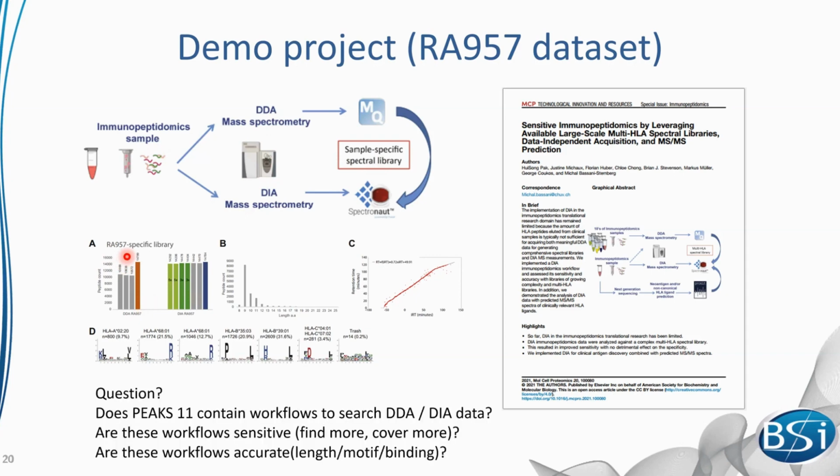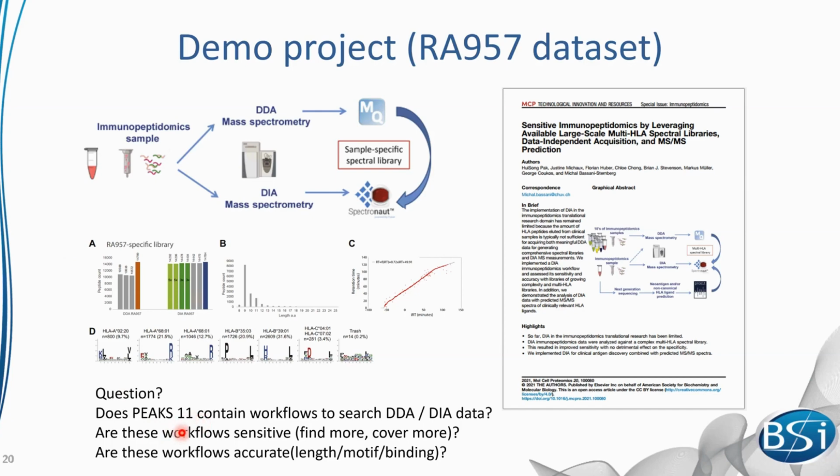Before the analysis, if I was a user, I would want to ask three questions. The first is whether the Pix11 workflow can process the DDA and the DIA data for the immunopeptidome.